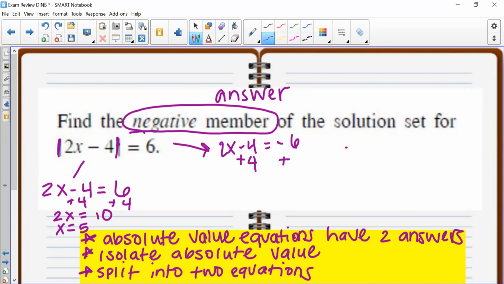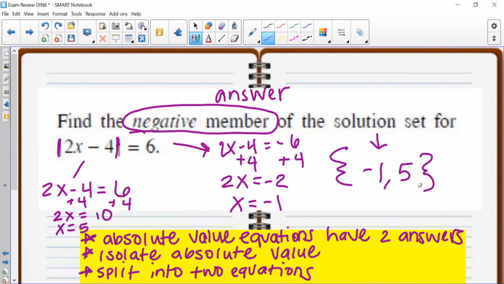We'll solve this one. Right, and then normally it's just asking for the solution set. So they would write the solution set in those curly brackets, and they'd put both the answers with a comma separating them. Remember, we see that sometimes. But they didn't ask for the solution set. They said the negative member, the negative answer.